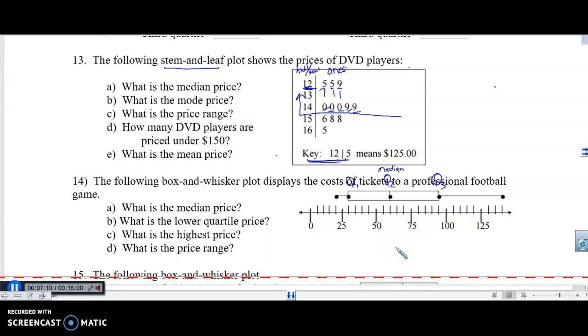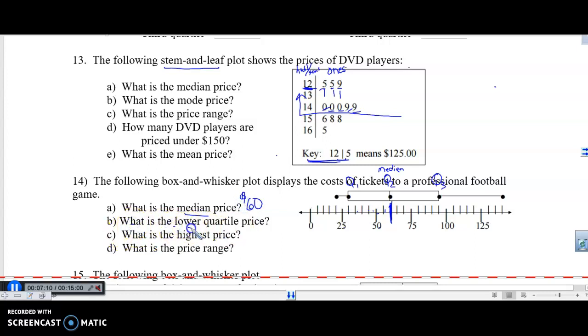So the median price would be right here. Now let's see, we're going from 25 to 50, so they're probably counting by fives on these tick marks. So if this is 50, 55, 60, we're going to say $60 here.